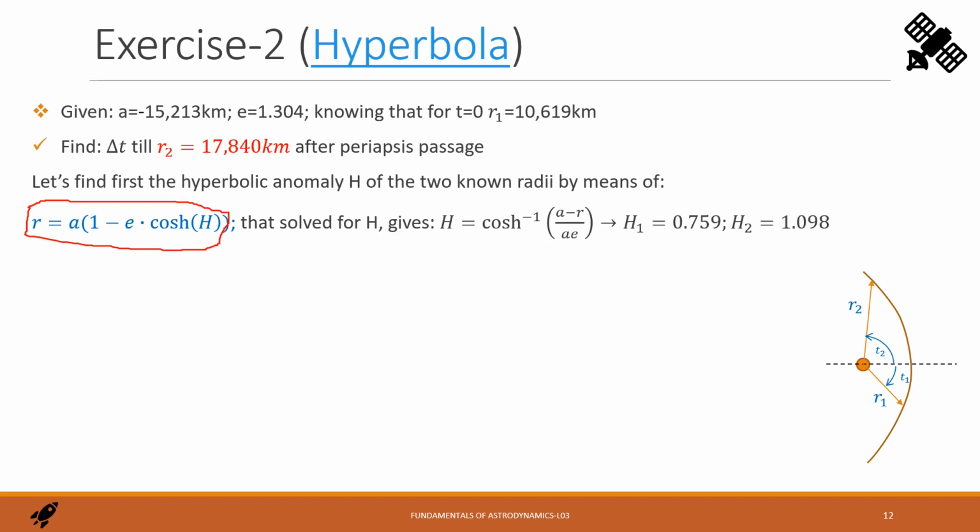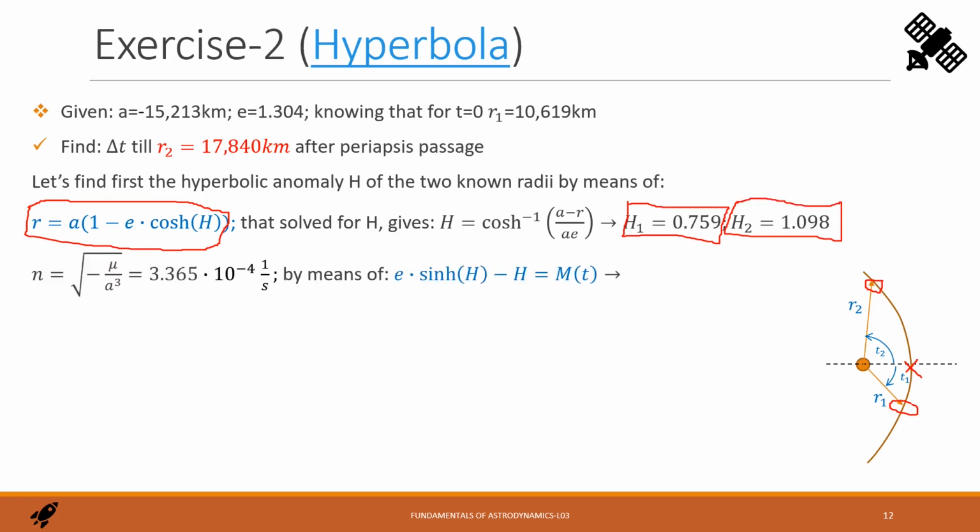But since we know that one radius is before and the other is after the periapsis, then the two anomalies must have opposite sign. However, we take the positive value for both, since we know in advance that the corresponding times need being added. The values are for capital H1 and capital H2 displayed here.